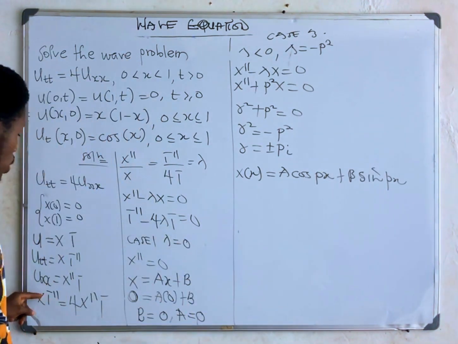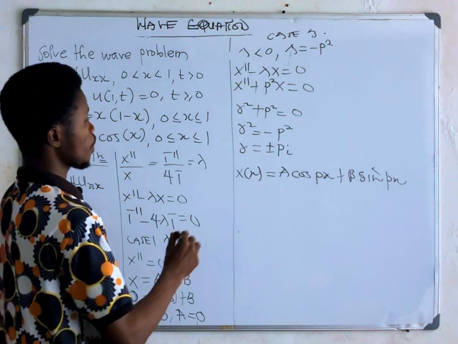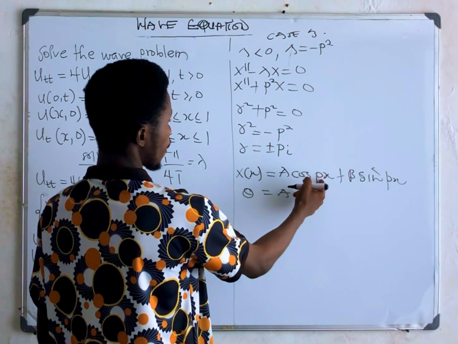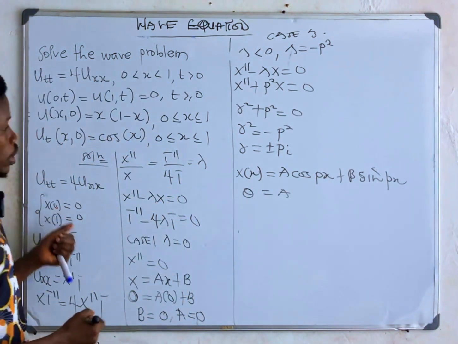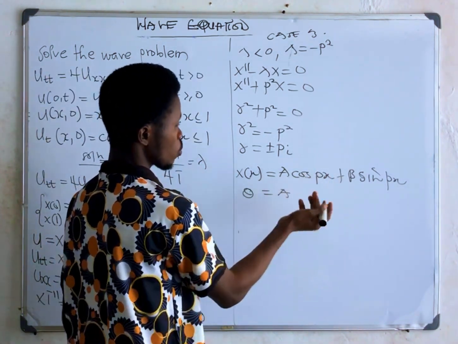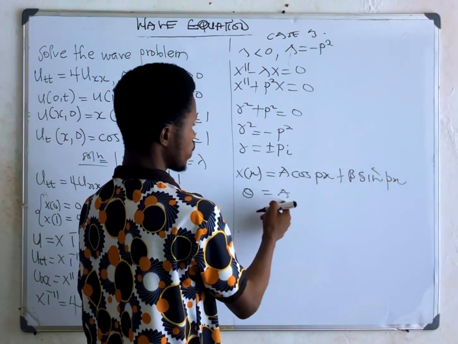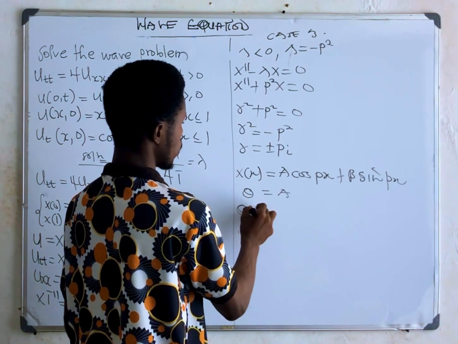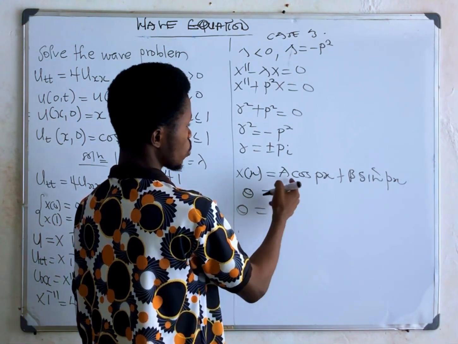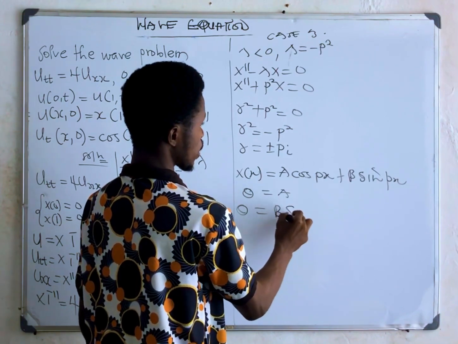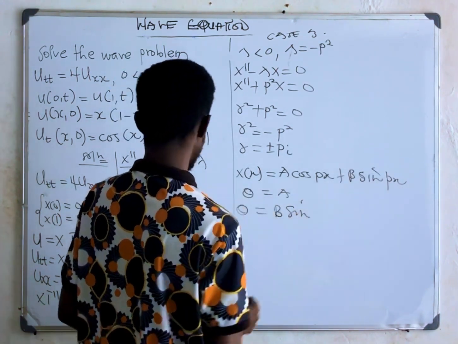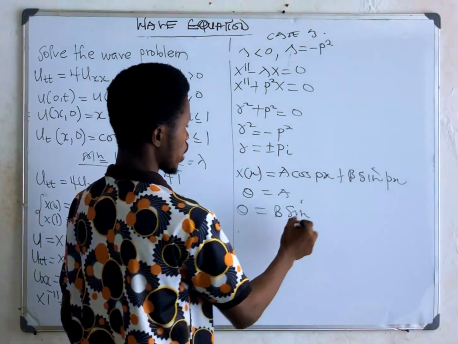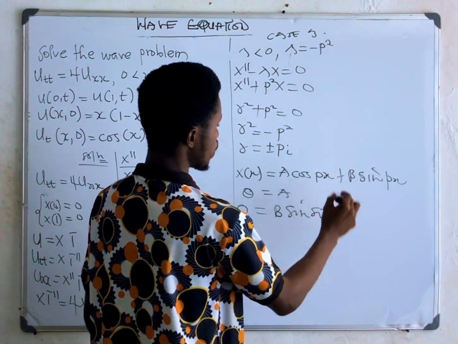After getting this, you know what to do. If you do the substitution here, my capital X is 0, so 0 equals a, since small x is 0. If I put 0 here, cos 0 is 1, sin 0 is 0, so it means a is 0. Let's test for the other one. My capital X is 0, a is always 0, so everything goes to 0. b sin px, the x is 1 here, so here I will have sin p.